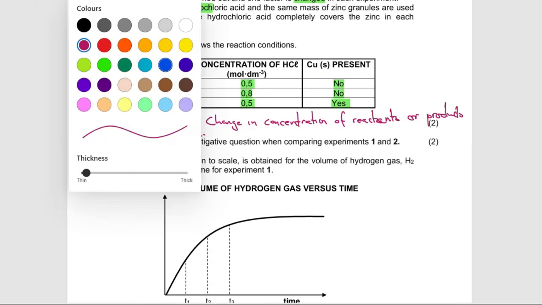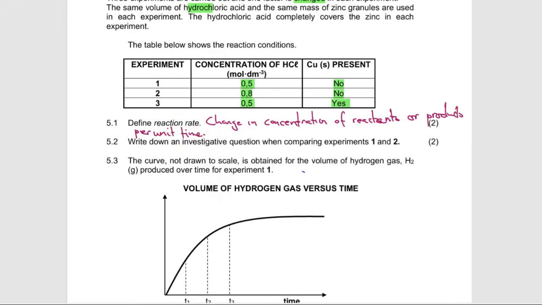terms. Now moving on to the next question, it says write down an investigative question when comparing 1 and 2, right? So take note, you should identify the independent and the dependent variables.